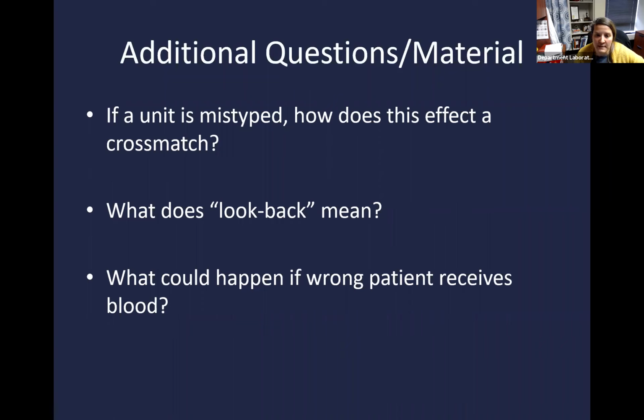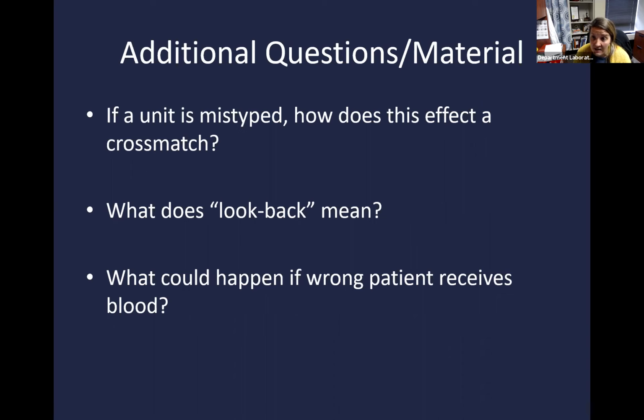So if a unit is mistyped, how does this affect a cross-match? Let's say your recipient is type O, and then you have a type A unit, maybe a weak subgroup of A that was mistyped as an O but really it's an A, and you try to give it to this O patient.